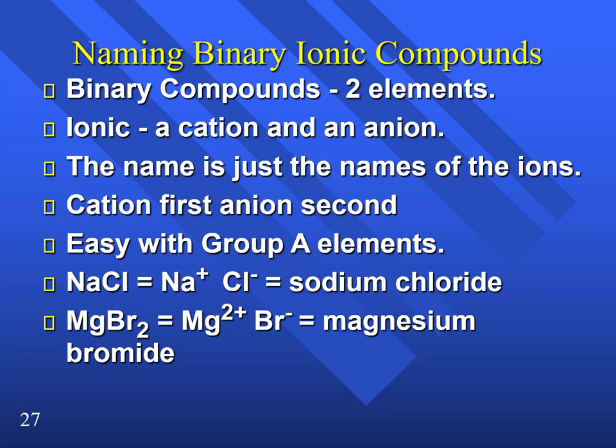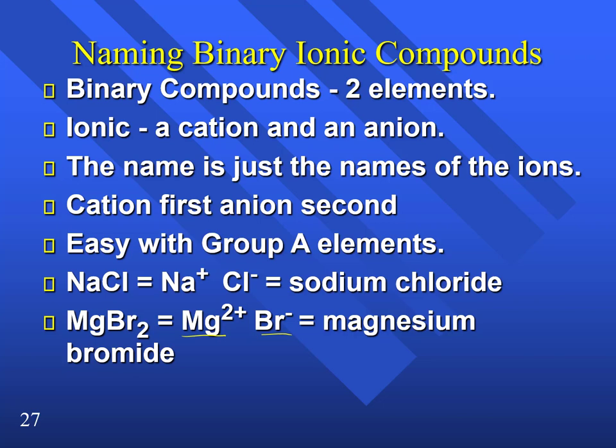Pretty simple system. Okay. But usually about this time somebody raises their hand and says, "Oh, excuse me, Mr. Green. What about that 2? Nowhere in the name do you mention that 2." And that's because I don't have to. Because if I ask you to write the formula for magnesium bromide, you're going to write Mg2 plus and you're going to write Br minus, and you're going to say, hey, that doesn't add up to 0.